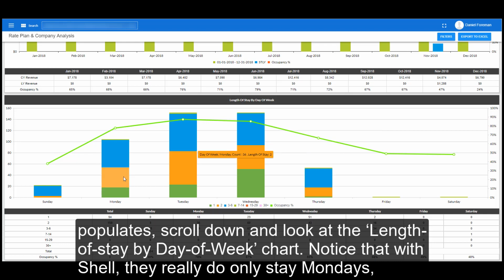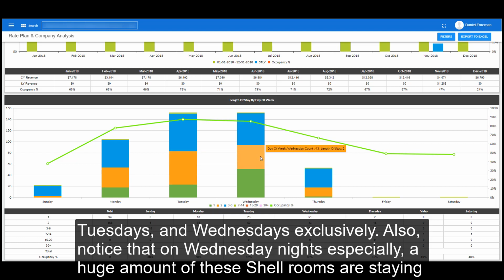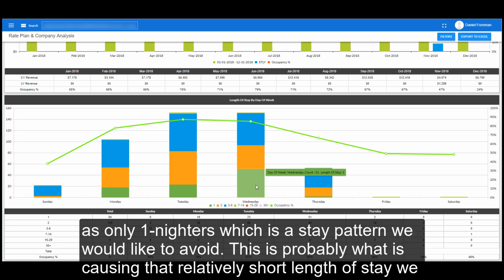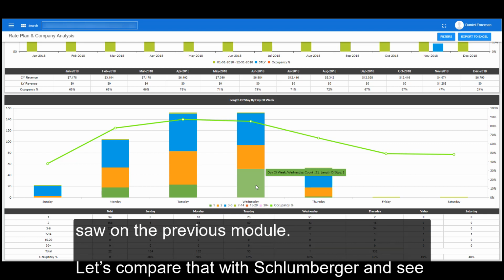Notice that with Shell, they really do only take Mondays, Tuesdays, and Wednesdays almost exclusively. And notice that on Wednesday night, a huge amount of these Shell rooms are staying as just one-nighters on Wednesday, which is really a stay pattern that we want to avoid. So that's probably what's causing that relatively short length of stay.